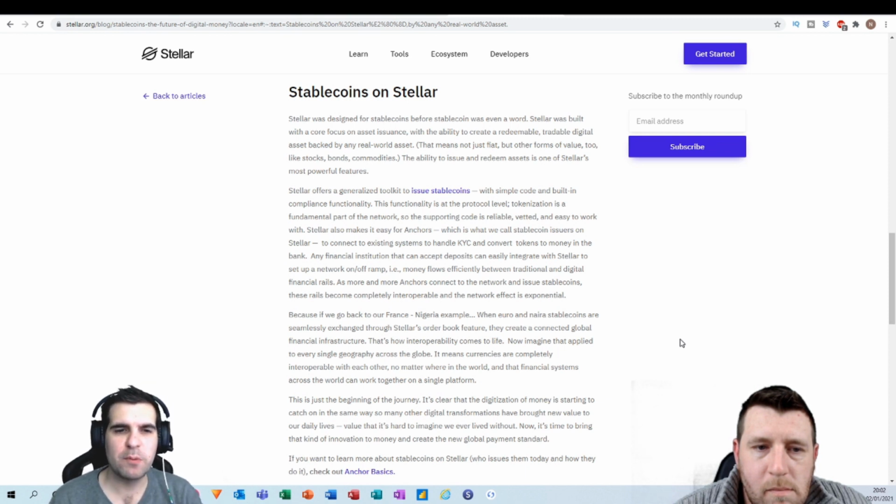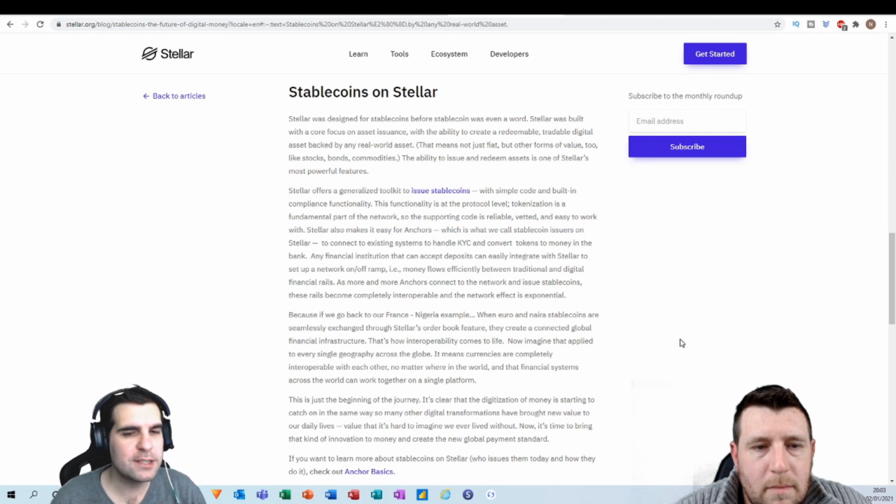Beyond that, one of the oldest German banks in the whole of Germany has now tokenized the euro, and they've put that on the Stellar blockchain as well. There's a whole host of other stablecoins being spoken about being put on this platform as well. So it becomes a bit of a centralized hub for these stablecoins because of the underlying technology and the core being tokenization, which we spoke about in reason number 1.